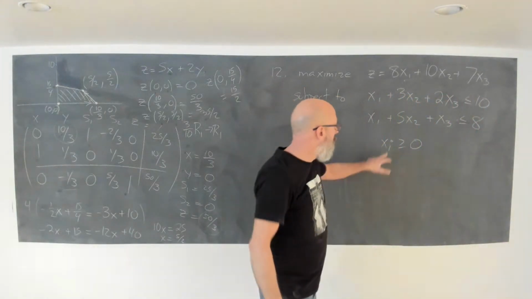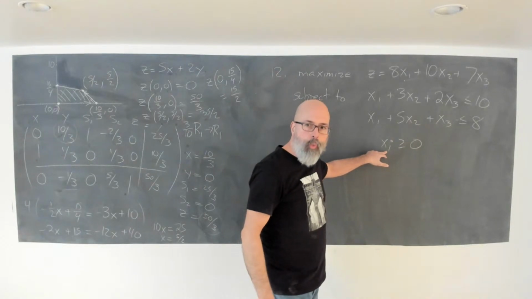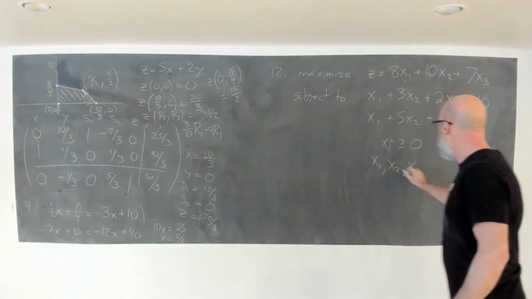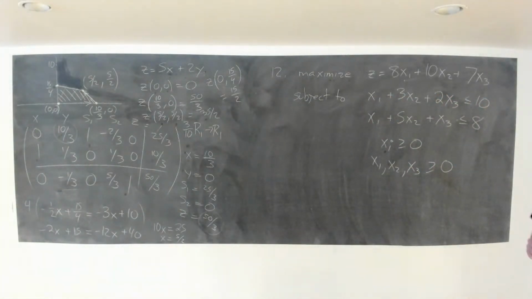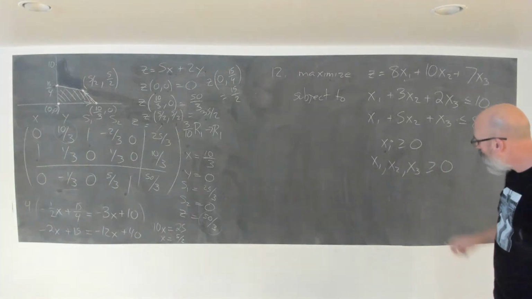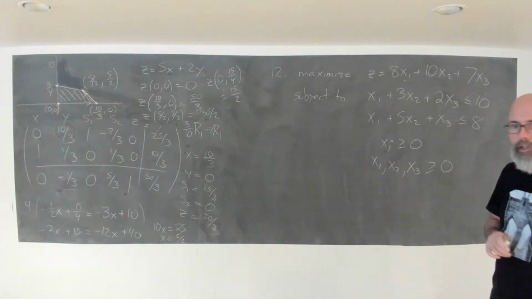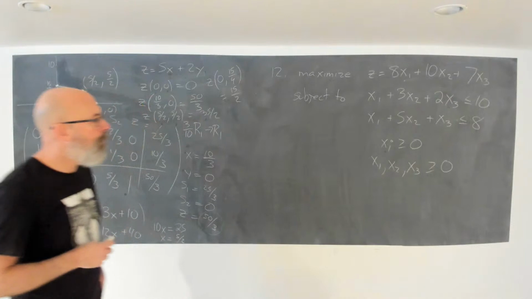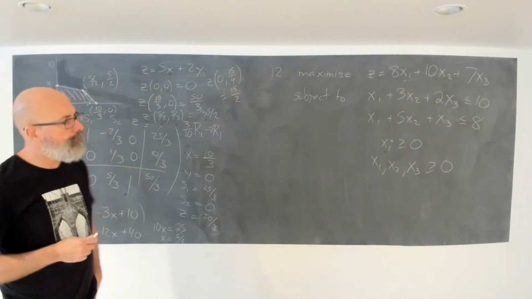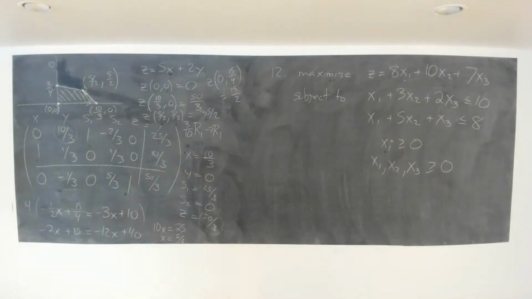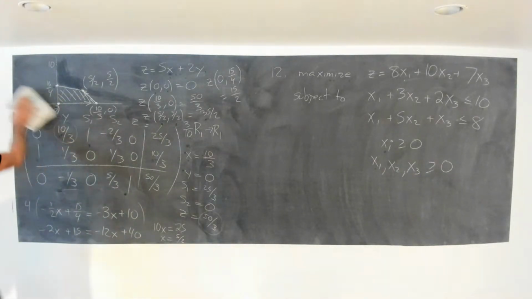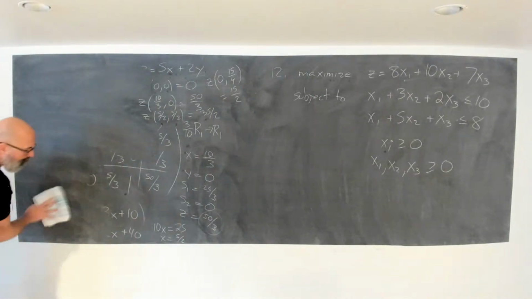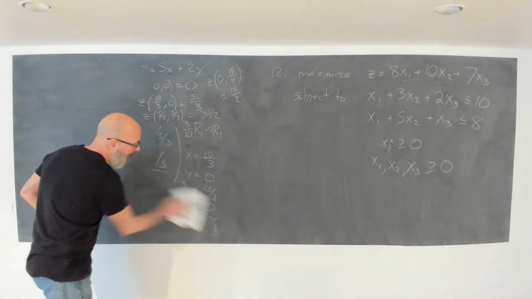Well, xi is a shorthand way of saying x1, x2, and x3. So if xi is bigger than 0, that means x1 is bigger than 0, and so is x2, and so is x3. Really, that's the condition for the problem to be in standard maximum form. So again, it's a question in 3D, so the graphical method does not apply here.